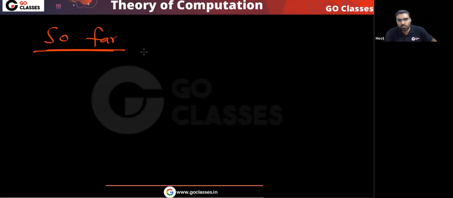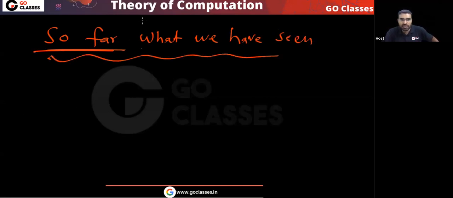Let me tell you something very interesting: from what we have seen so far, questions come in GATE, UGC NET, TIFR and ISRO exams. I can say almost 90%, more than 90% of the questions are from that.